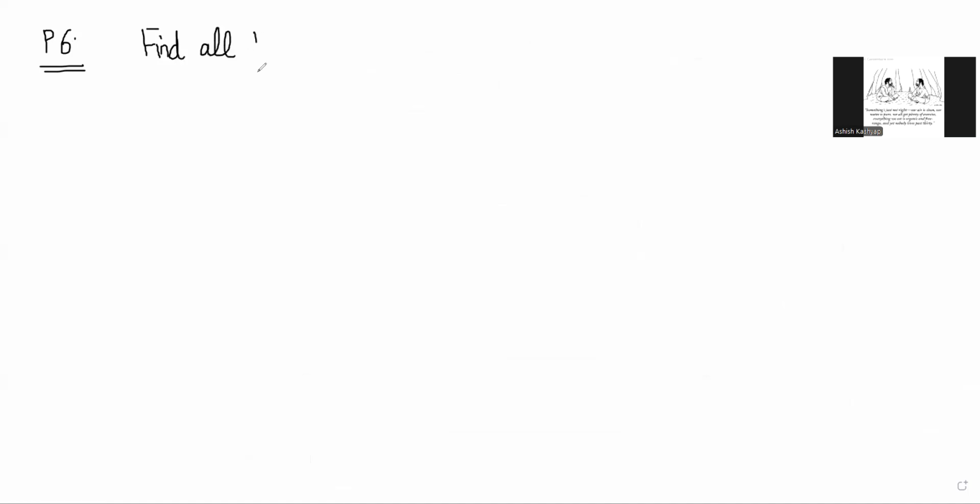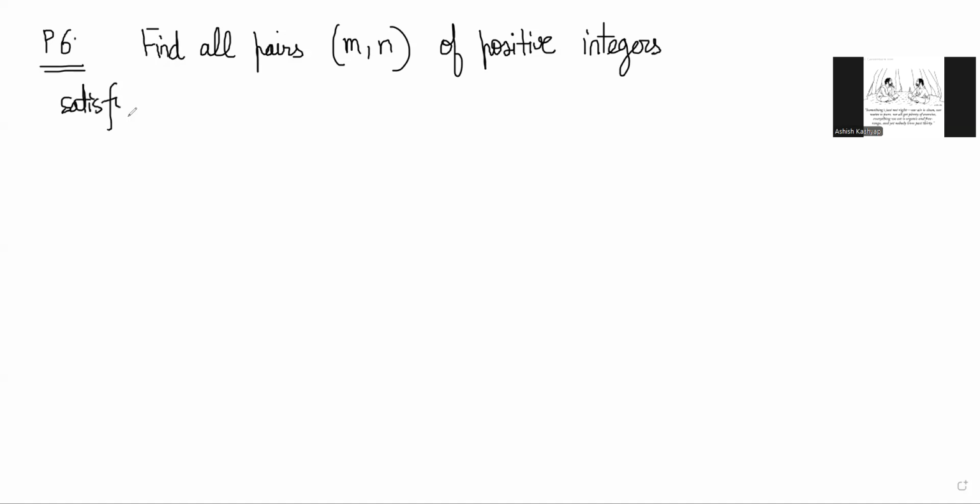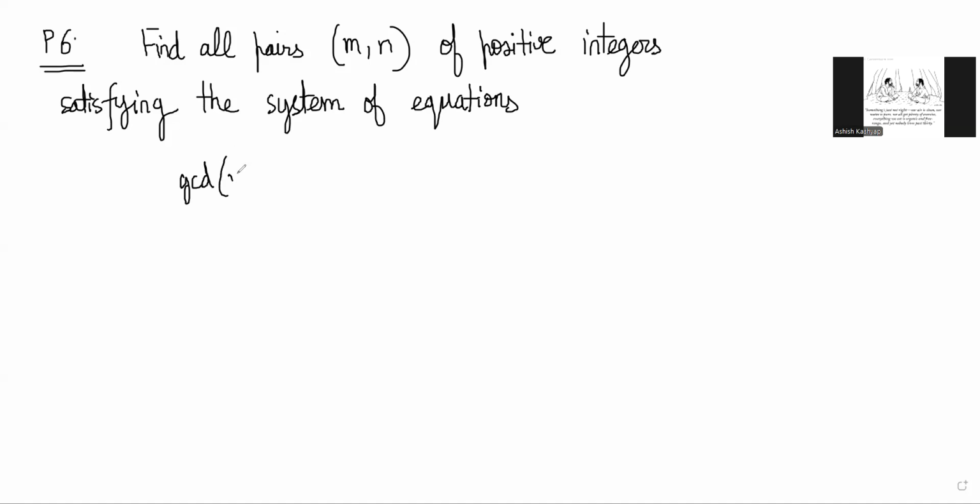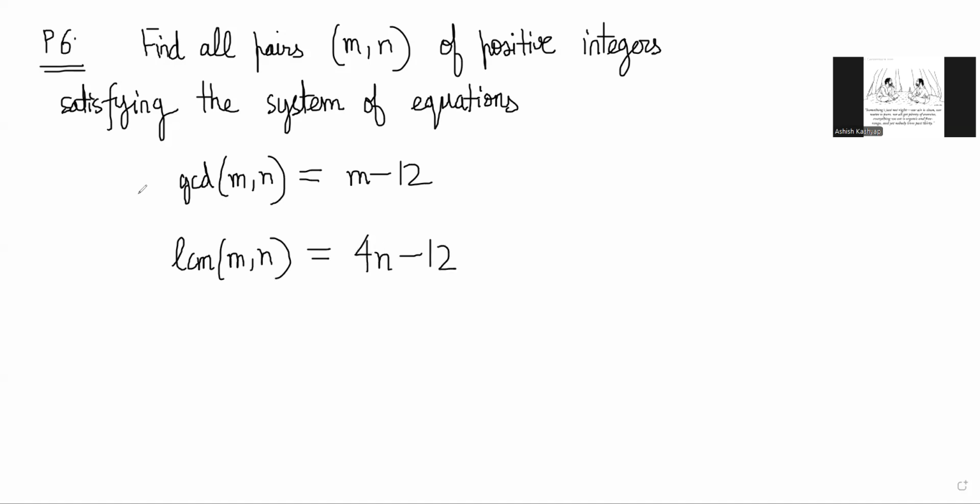Find all pairs m, n of positive integers satisfying the system of equations: GCD of m comma n is equal to m minus 12 and LCM of m comma n is equal to 4n minus 12.